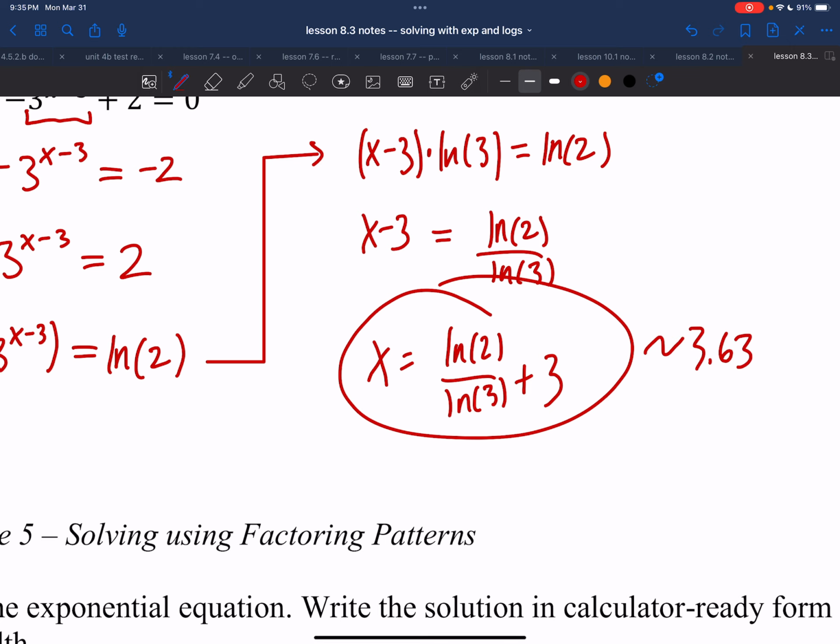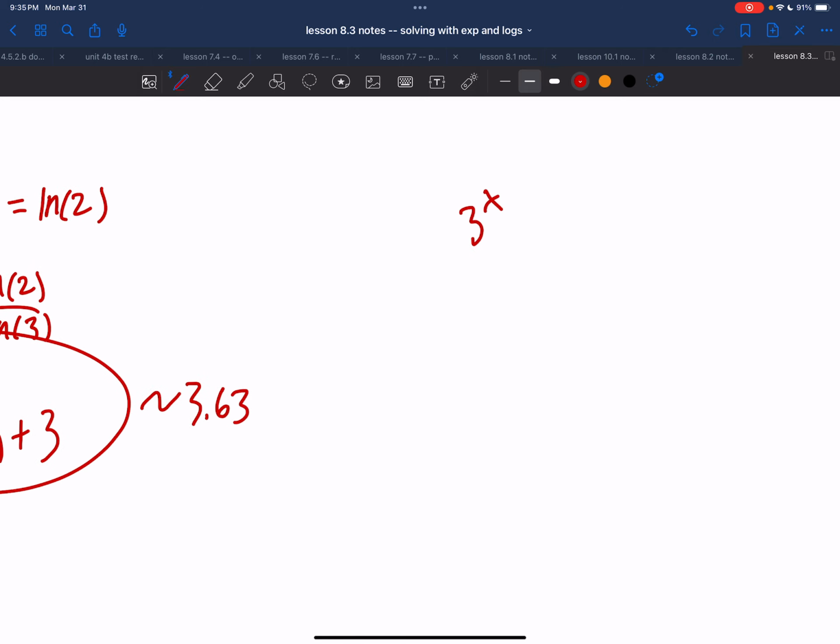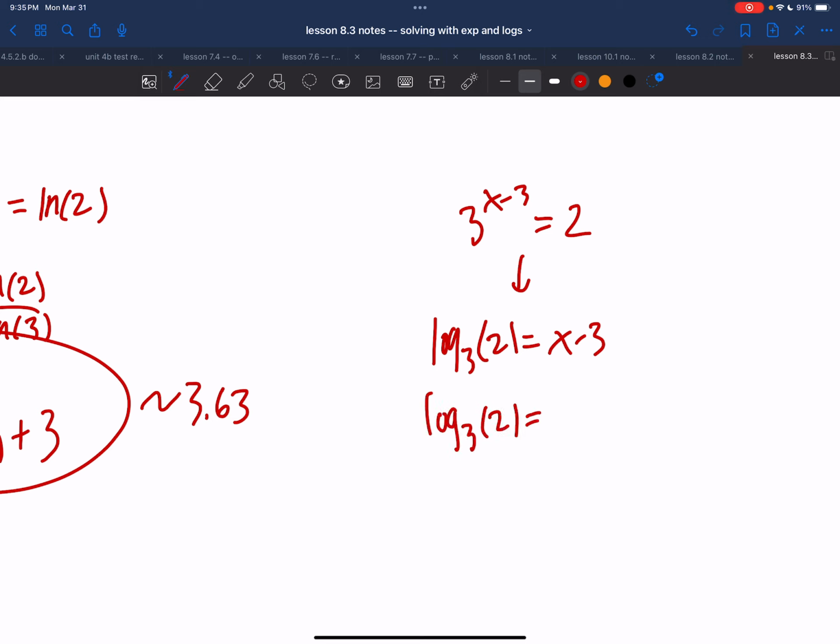Now, I want to compare methods, right? We had 3 to the x minus 3 equals 2. One of the earlier methods we talked about is converting the log, right? To say, oh, well, then that's log base 3 of 2 equals x minus 3. Oh, and then if you just add the 3, then this is x. And it's done in shorter steps.